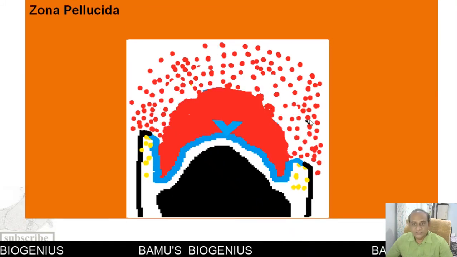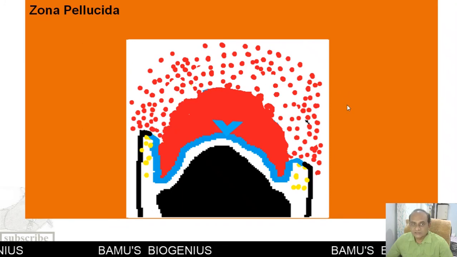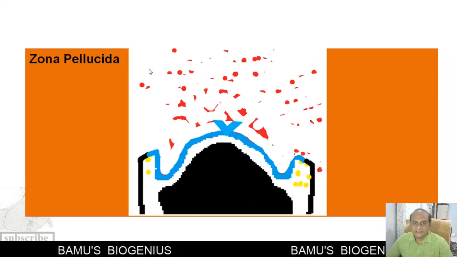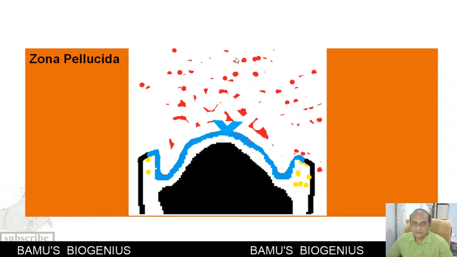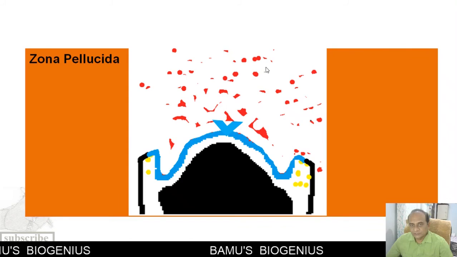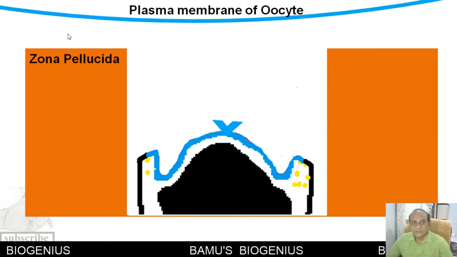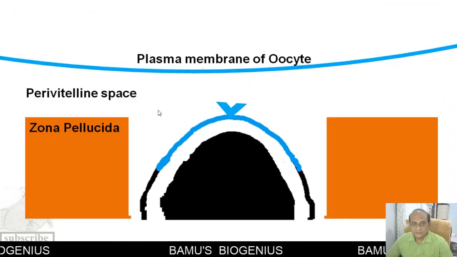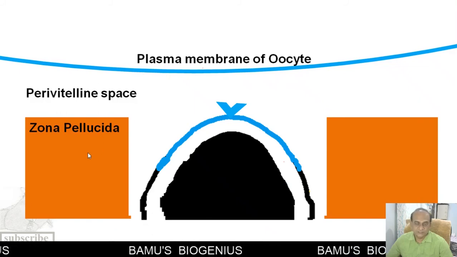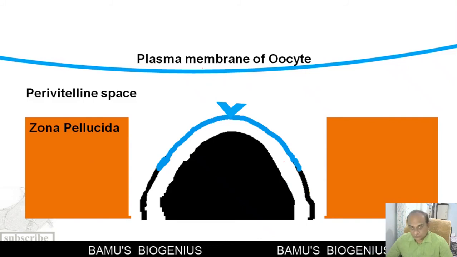So you can see here the acrosomal content is poured, the region of the zona pellucida is digested, and a tunnel is created, and through this tunnel the sperm penetrates the zona pellucida and reaches the perivitelline space, which is present between the plasma membrane of the oocyte and the zona pellucida. So this is about the acrosome reaction.